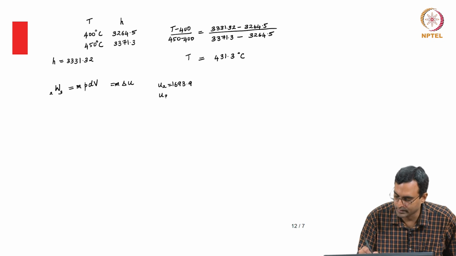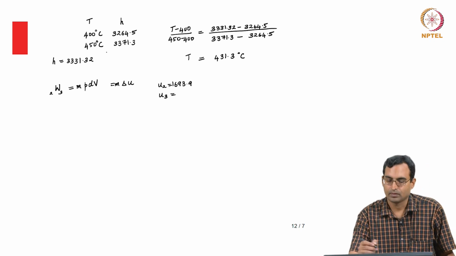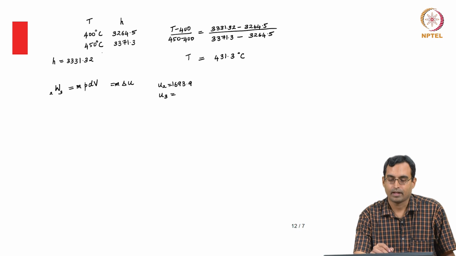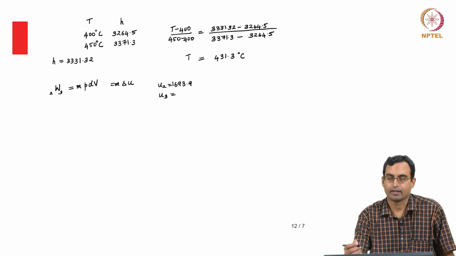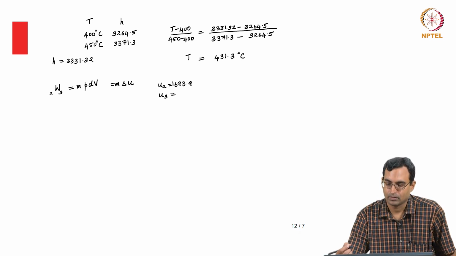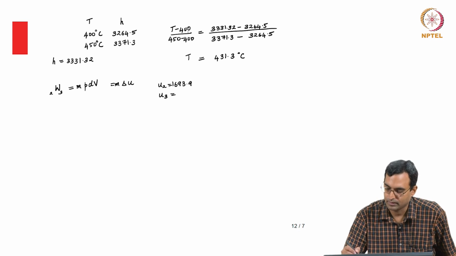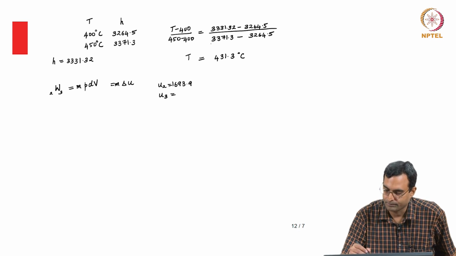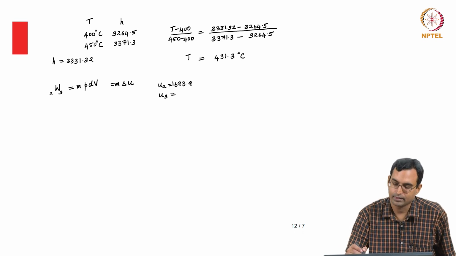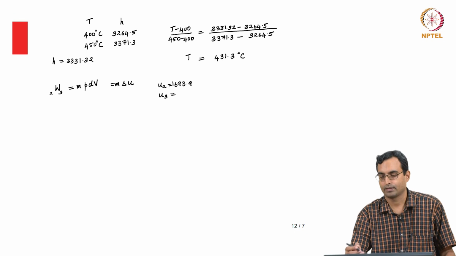I need to find u3 in a similar fashion. So, u3 I can interpolate. I know that at this temperature I need to find u3. I know the temperature now. What I am looking for is u. I can interpolate like this, or I can interpolate using enthalpies.